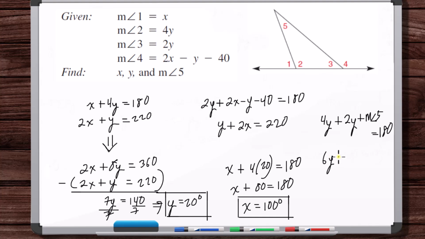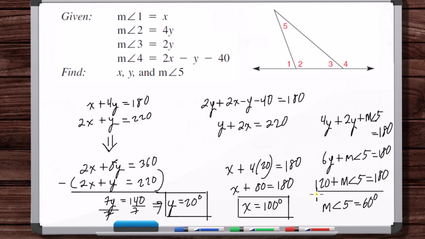So 6y plus the measure of angle 5 is equal to 180. So 6 times 20 is what? That's 120. So 120 plus the measure of angle 5 is equal to 180. So 180 minus 120 is equal to 60.